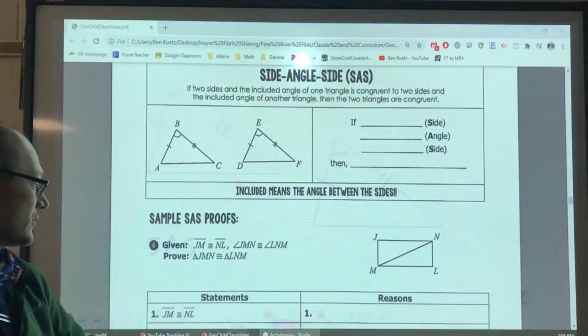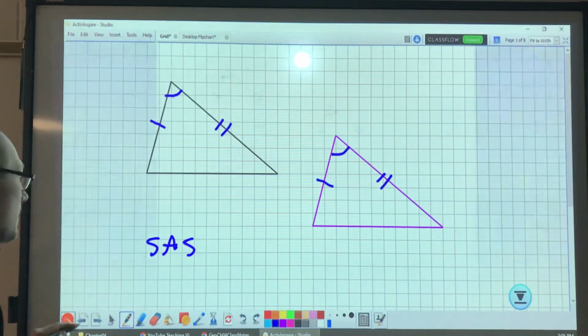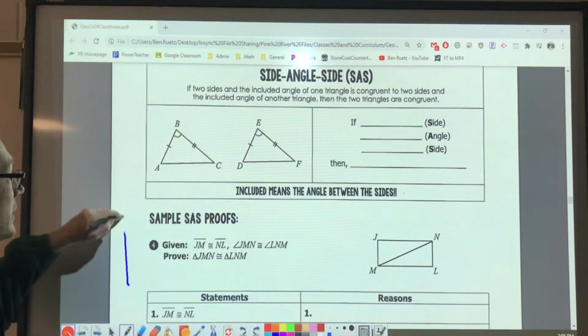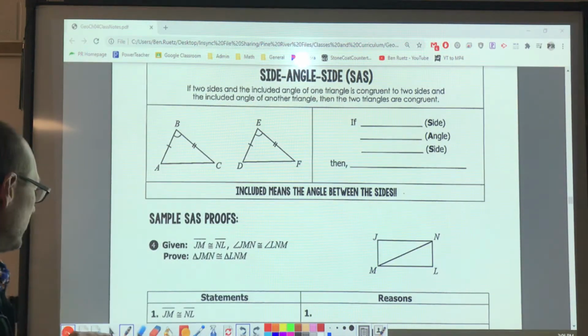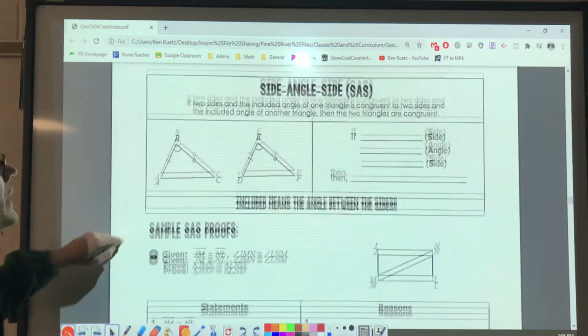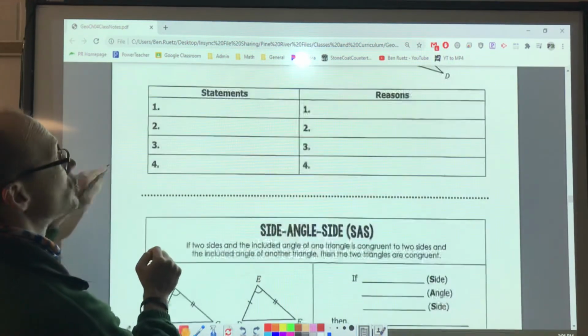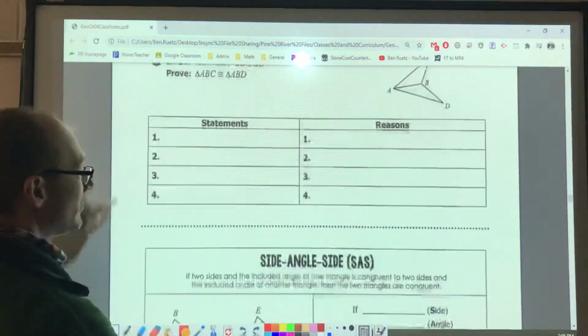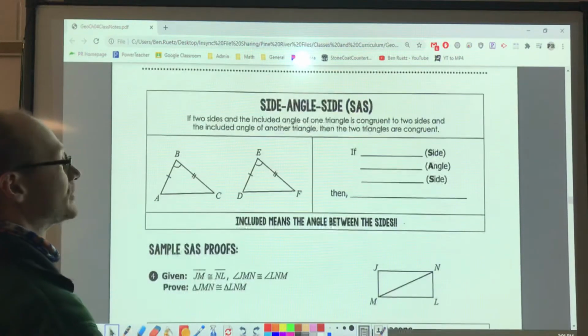Let me bring this notes page back up. And I believe, oops, can't write on that. Yeah, we're right here. I think we're on page 21 of our notes, side, angle, side.